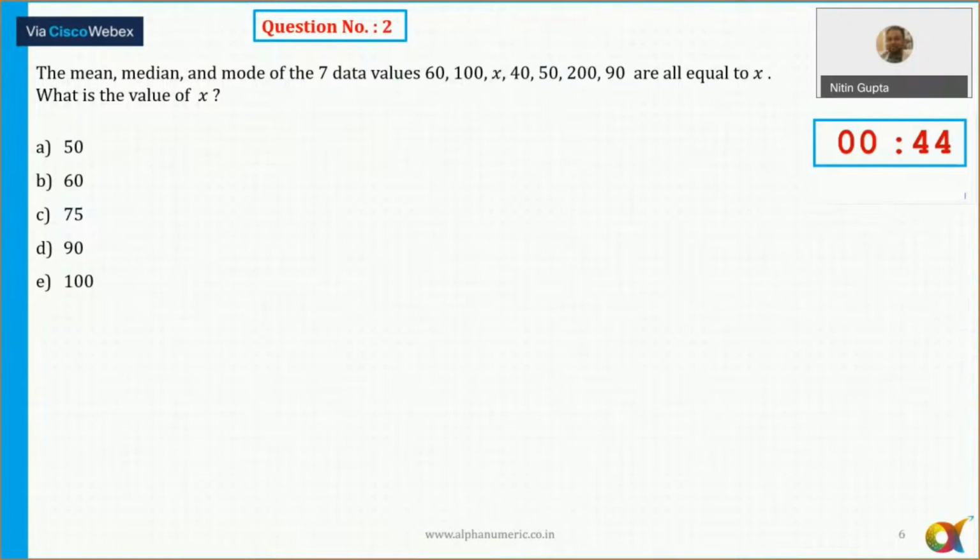Now, this is a very easy question, but the point here is that I'll tell you lots of different approaches here. Just pay attention, all of you.